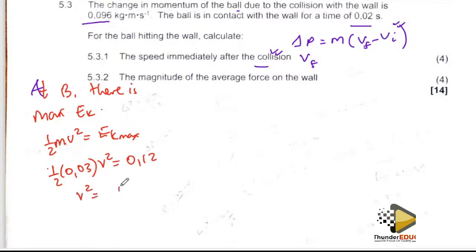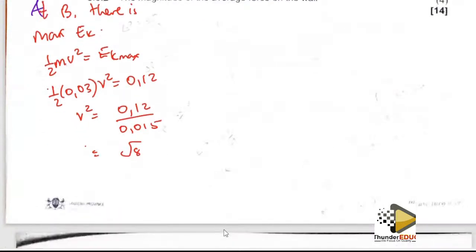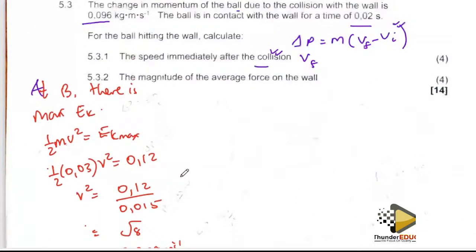So v squared is the same as 0.12 divided by 0.015, and I divide both sides just to be sure. Then I need to find the square root of that. 0.12 divided by 0.015, I'm getting 8, and then the square root of 8, ending up with 2.828.